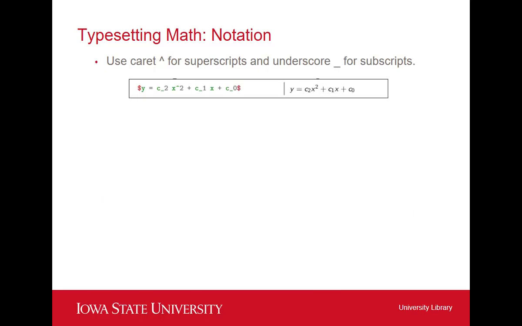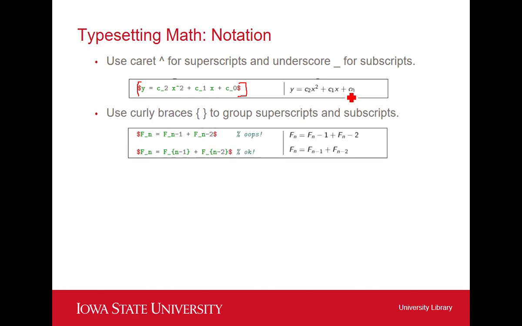Okay, more math. To use superscripts, you use the caret, so shift 6. And a subscript is the underscore, the shift key next to the 0. So here, again, we have the math bracketed by the dollar signs: y equals c sub 2 x squared, plus c sub 1 times x, plus c sub 0, and so on.